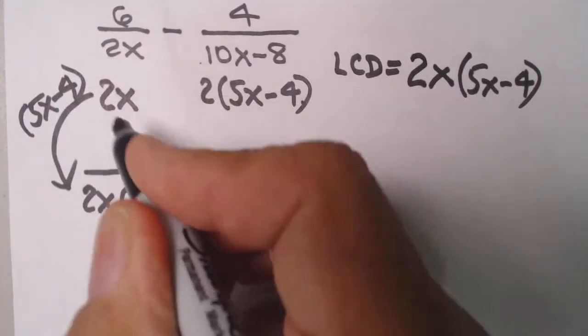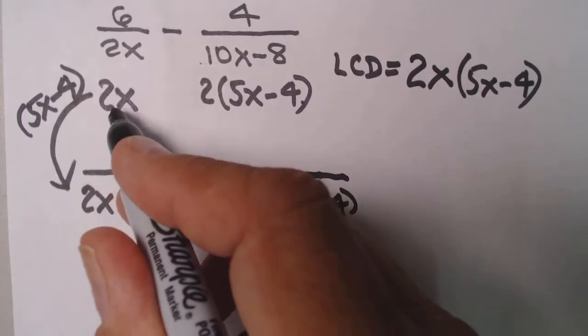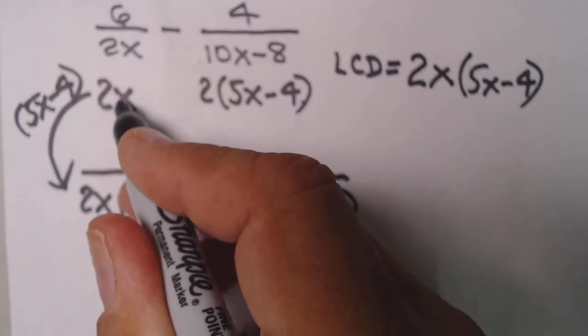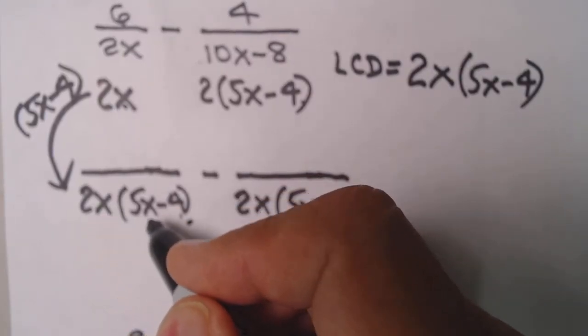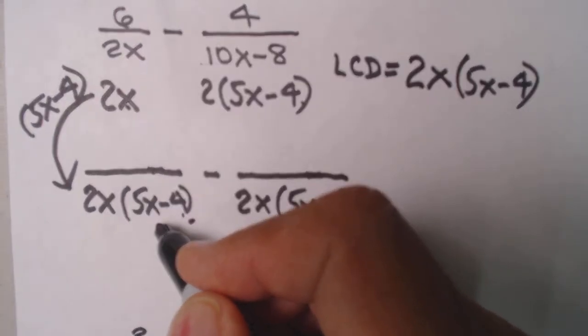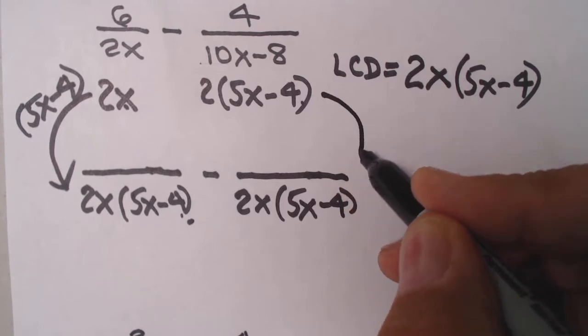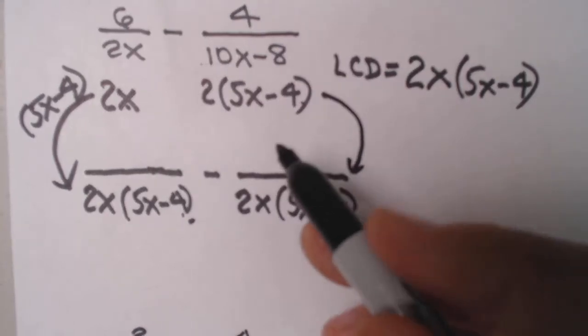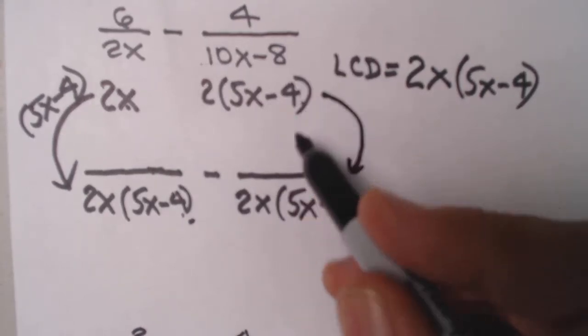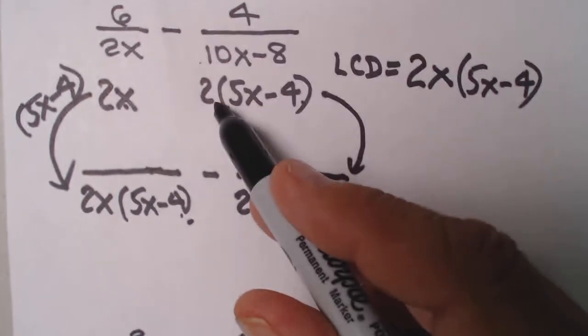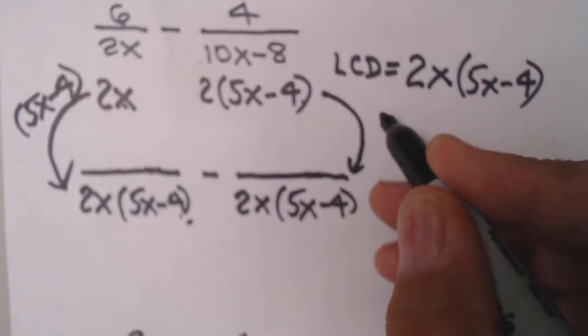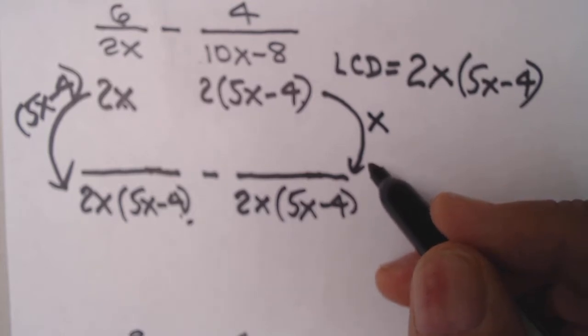That's what I have to multiply this denominator by to make the new denominator, the common denominator I want. Okay, play the same game over here. What did we have to multiply the old denominator by to make the new one? Well, you can see the only thing that's missing here is an x, so I had to multiply by x.